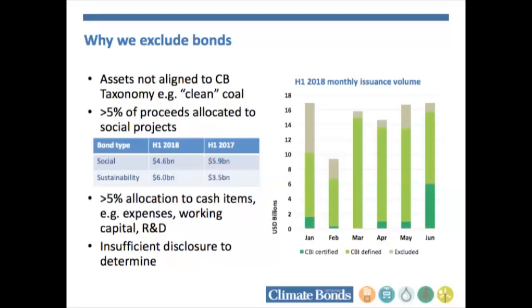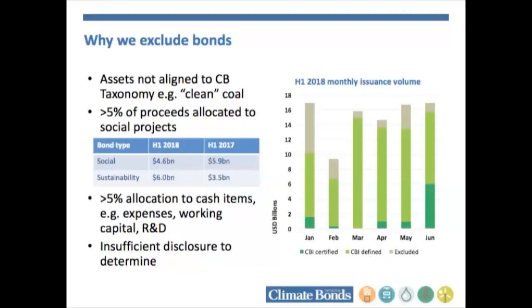Sometimes we exclude bonds because more than 5% of proceeds are allocated to social projects. So, one of the observations we have for this year is the growing number of sustainability and social bonds. Social bonds usually just have social projects included in them.